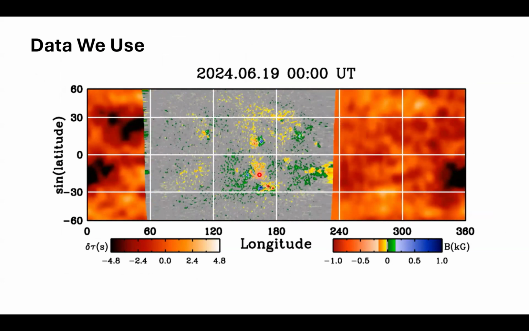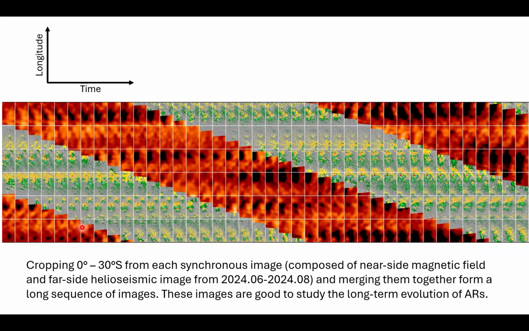So it's very useful if we take 30 degree latitudinal bands and form a long sequence like this. Now I change the longitude as the vertical axis and time as the horizontal axis, so we're able to see the evolution of active regions.